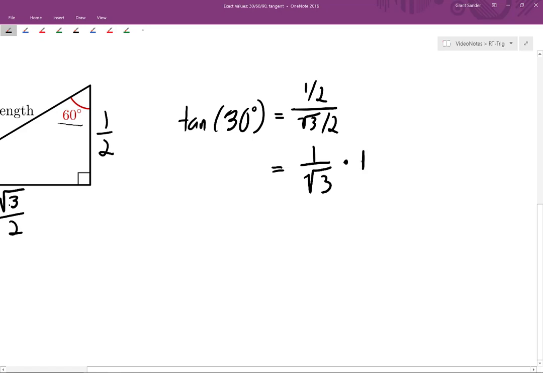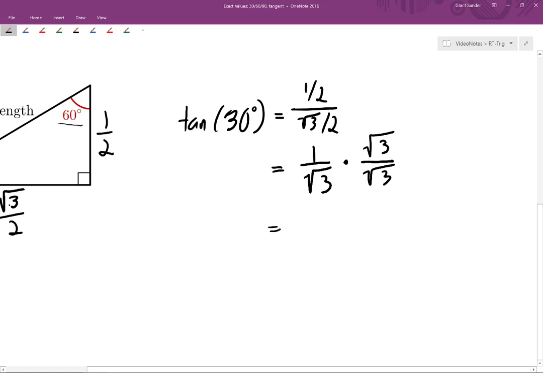However, we can rewrite 1 as a fraction where the numerator and denominator are equal. So for example, if we wrote square root of 3 divided by the square root of 3, then the square root of 3 divided by square root of 3 is just equal to 1, and 1 times anything is itself. So there's no problem in just multiplying something by a ratio of the exact same values.